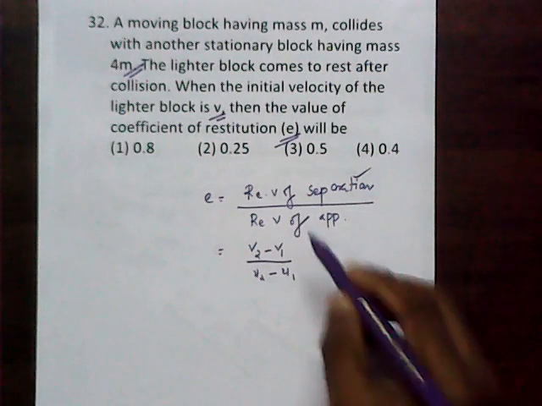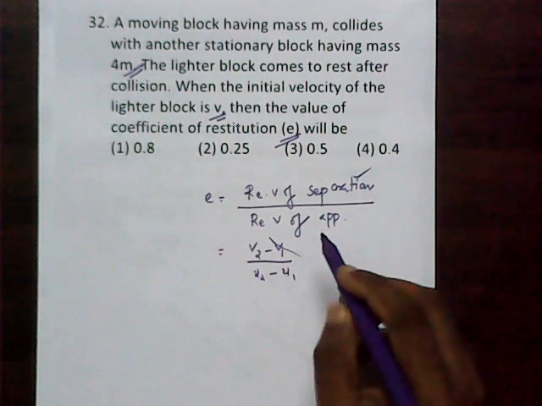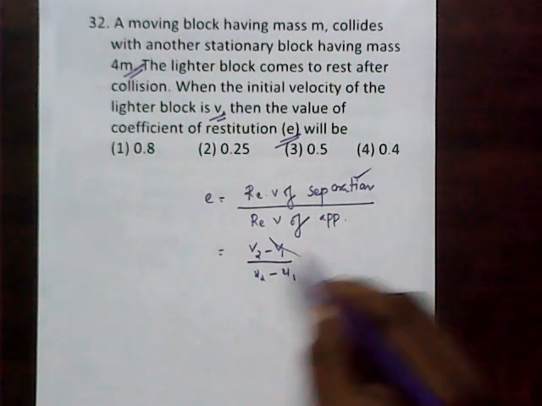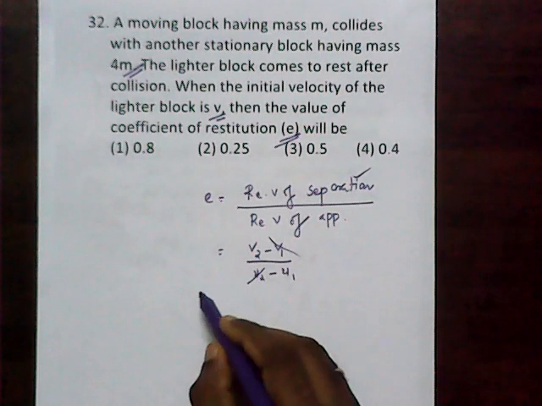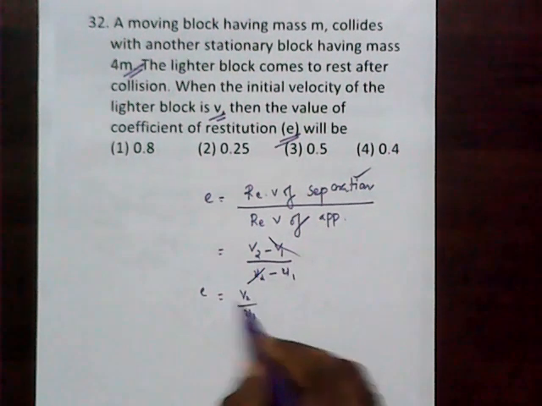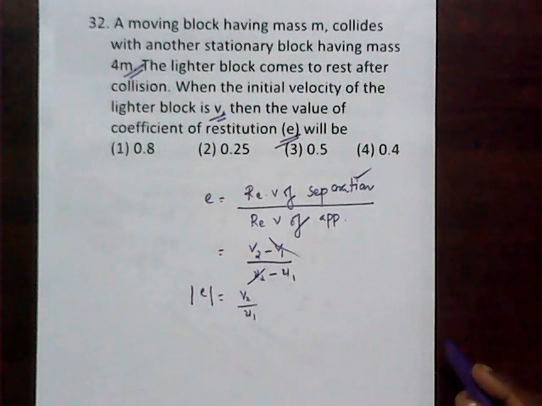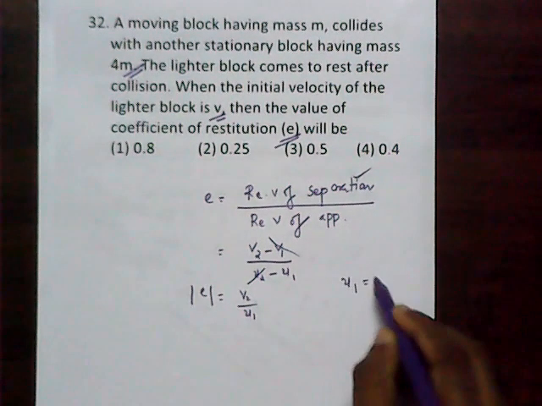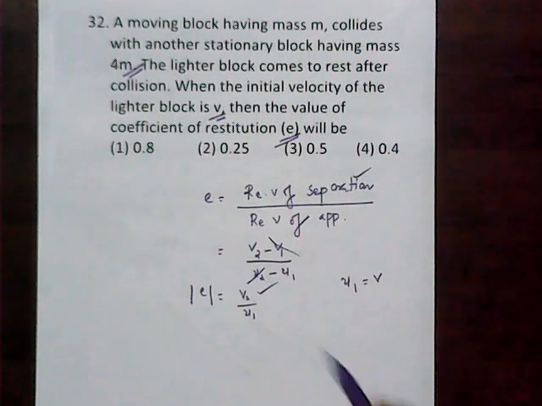It is given that v1 and u2 are zero, and hence it equals v2 by u1 in magnitude. It is given that u1 is v. Then how can we find v2?